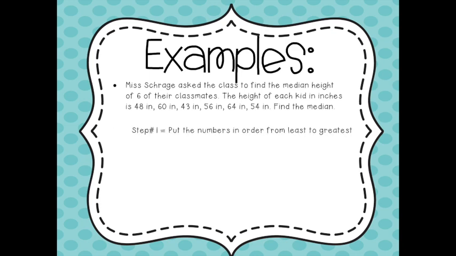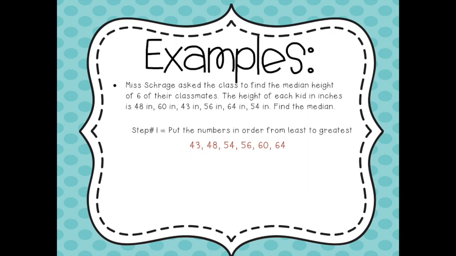I will give you a second to go ahead and put them in order from least to greatest now on your own. Hopefully what you should have gotten is 43, 48, 54, 56, 60, and 64.